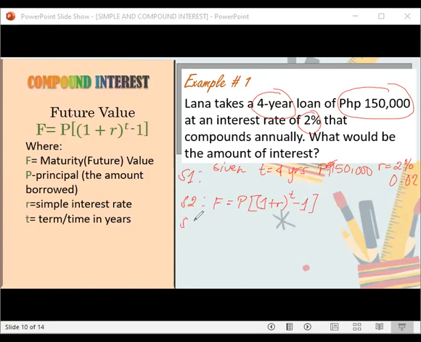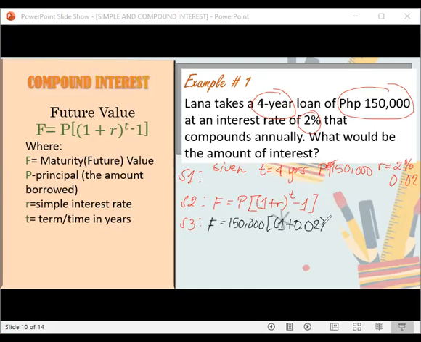Step 3, simplify using GEMDAS. So, syempre, we are going to substitute the given doon sa formula. So, ano ba yung principal natin? 150,000 times 1 plus, ano yung rate? 0.02.